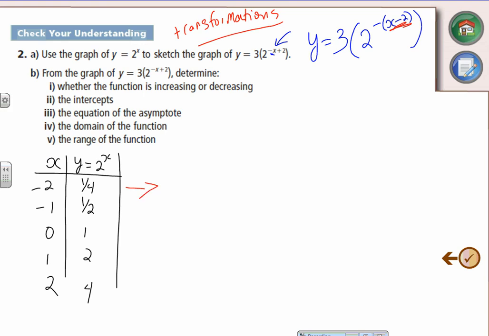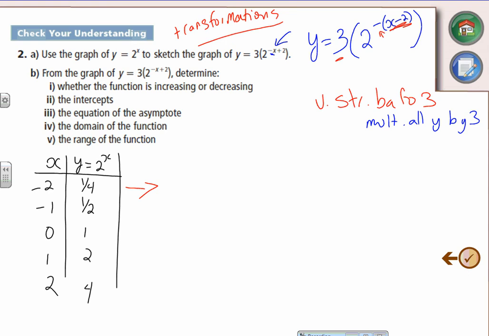Now, we're going to take those points. And we're going to use our transformations. So the first transformation we have, that's R3. So vertical stretch by a factor of 3. And in English, that means multiply all y by 3. Then we've got no horizontal stretch.